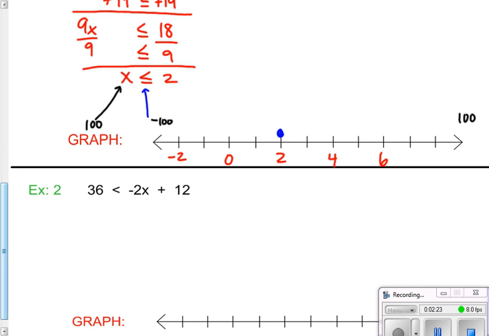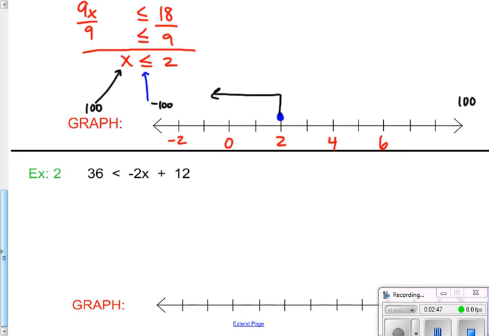The problem would say 100 is less than or equal to 2. That is not a true statement. 100 is not less than 2. So our arrow would not go towards 100. It would have to go the other direction, away from 100. And all those values to the left would be considered solutions that would make this inequality true.